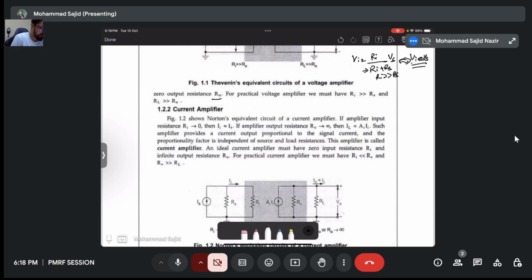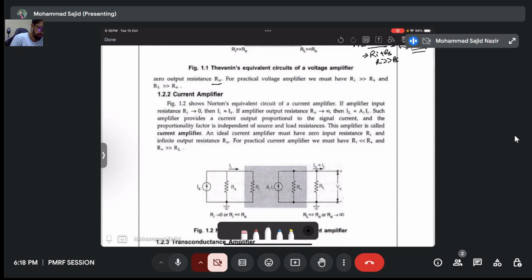Now, in the case of a current amplifier, figure 1.2 shows the Norton equivalent circuit. See here, this is the circuit. Now, if I want my whole current to flow through the amplifier, what will be the desired values for Ri?